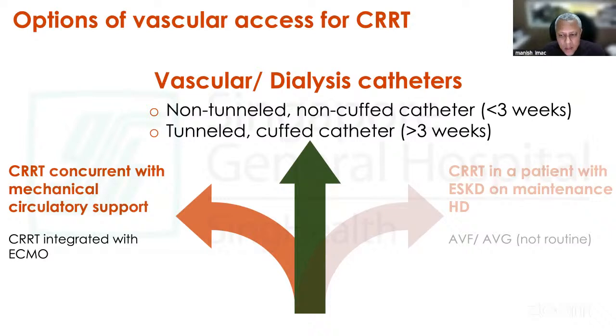There have been some reports where patients who are already known to have end-stage kidney disease, using an AV graft or a fistula, can possibly be used for CRRT for short periods of time. But of course, this is not in routine usage, and there are very few centers who have published, especially the center in Michigan, which has published its experience with the use of AVFs and AVGs.